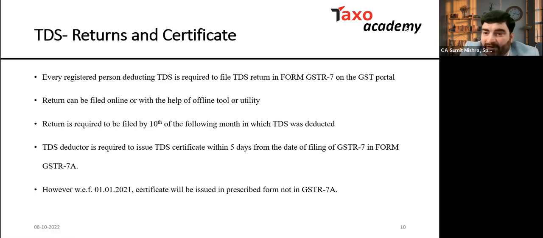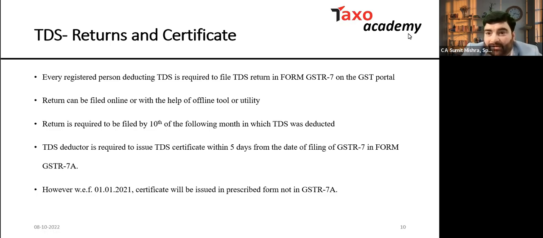Every person deducting the TDS on the supplies made by a supplier has to file a return in the form GSTR 7 on the GST portal. Again, like all other returns like 3B, GSTR 1, GSTR 4, they can file it by offline utility or by just putting the details on the portal directly.